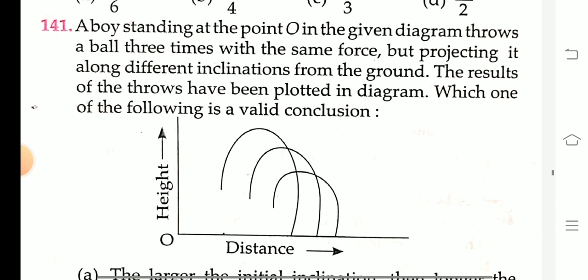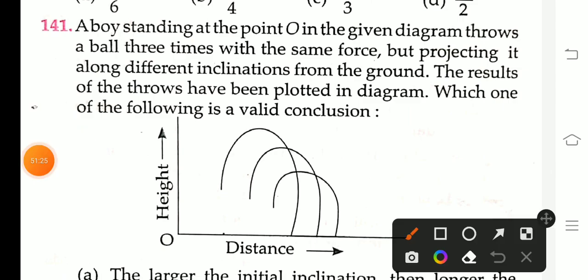A body is standing at the point O in the given diagram and throws a ball three times with the same force but projecting it along different inclinations from the ground. The results of the throws have been plotted in the diagram.